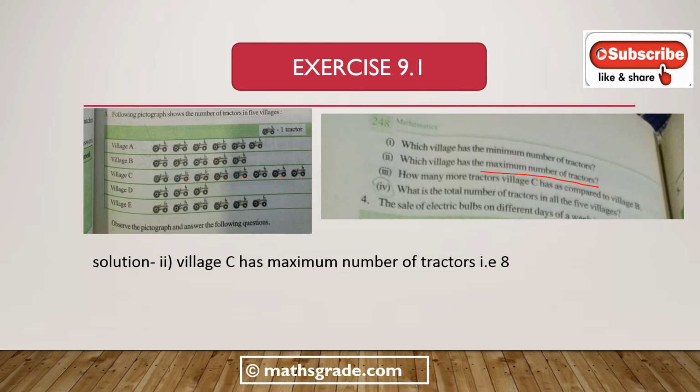There are 8 tractors in village C. So village C has the maximum number of tractors, that is 8. So the answer is village C. Village C has the maximum number of tractors.